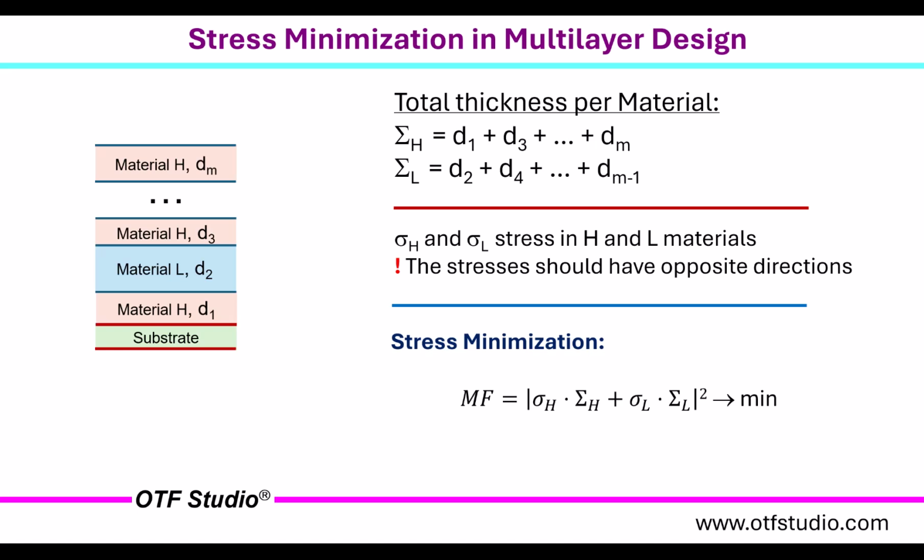If we have a multi-layer design on a substrate consisting of two materials, high and low refractive indexes, we can calculate total thicknesses of each material.